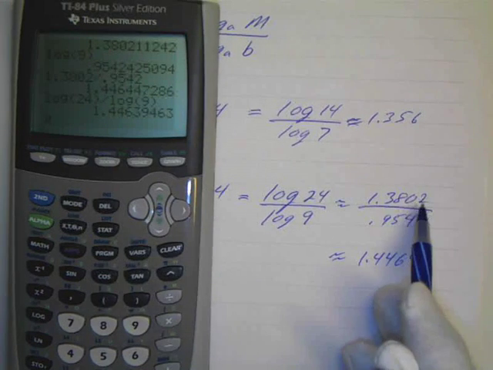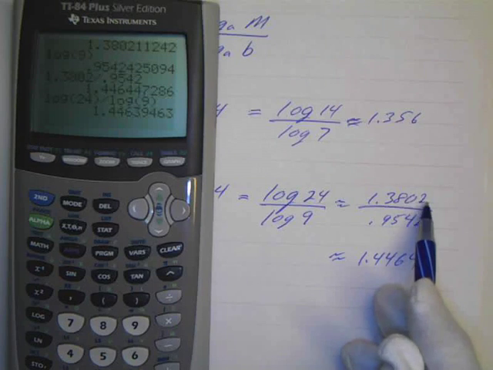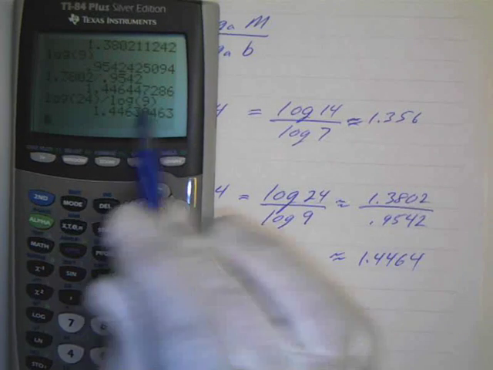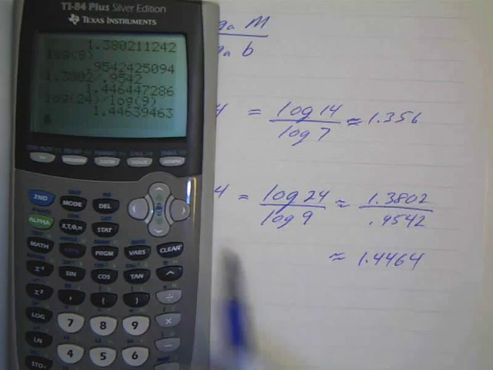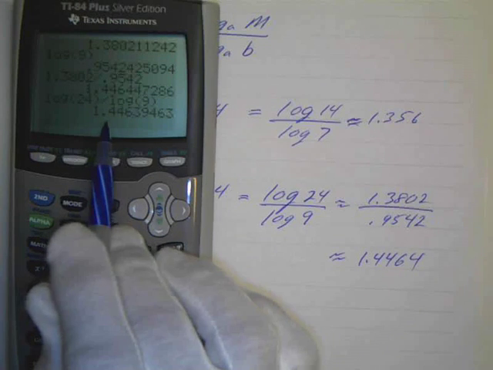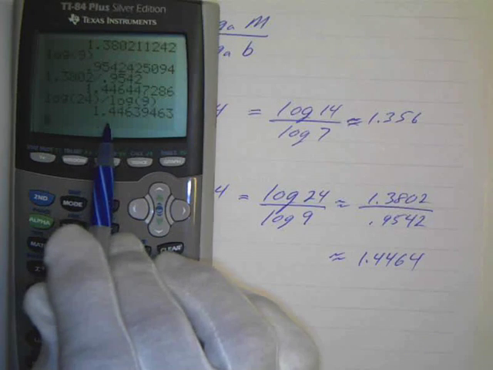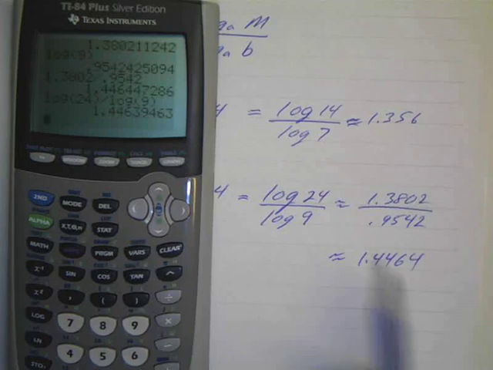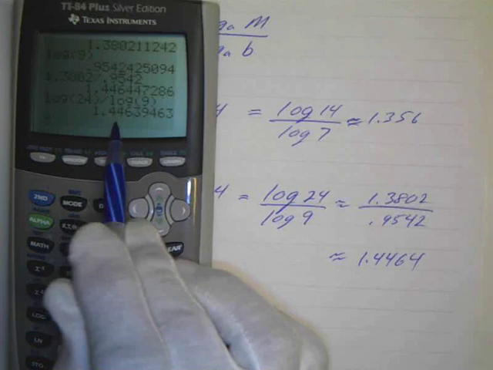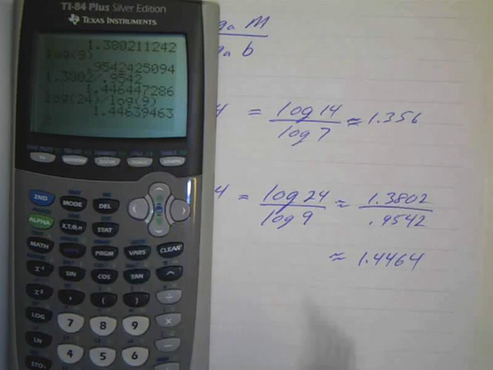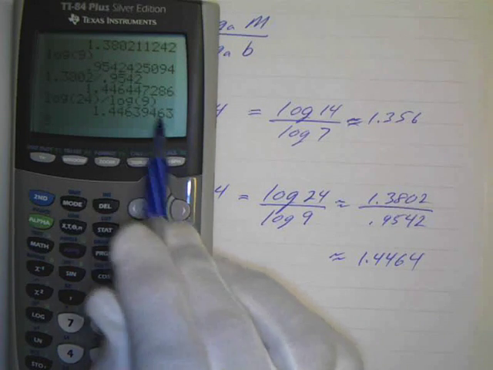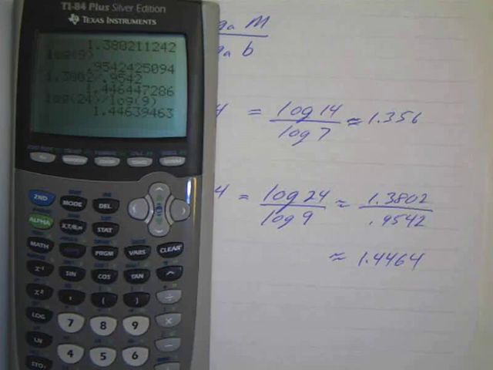I rounded it off, I truncated at 4 places, but there's some other places that will make a difference. So a more accurate rendition would be 1.44639, and that would still round to the same thing, 1.4464 if we carry out to 4 places, but we've got a little more accuracy out in these places because we carried all those decimal places.